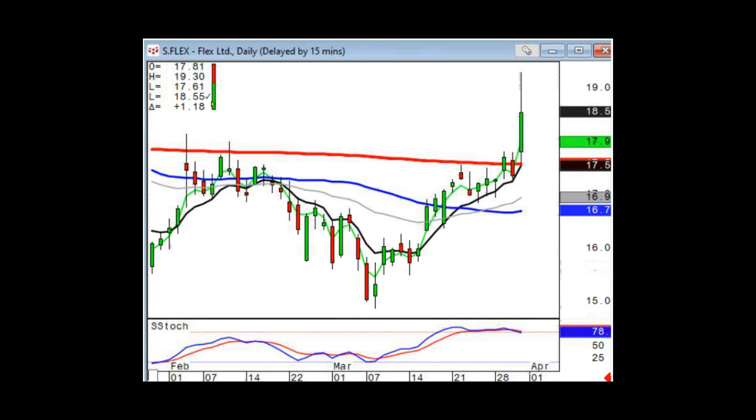Same scenario here on Flex today. This is where you have 2 plus 2 analysis. First of all, you've got a bobble breakout. Notice how they came up and failed right at the 200, pulled back. Notice where they pulled back to: right smack dab to the T-line. That is a very strong indication they're not selling it off.